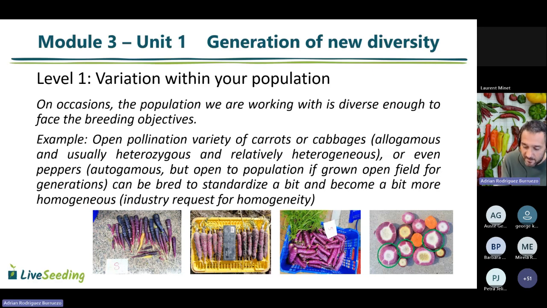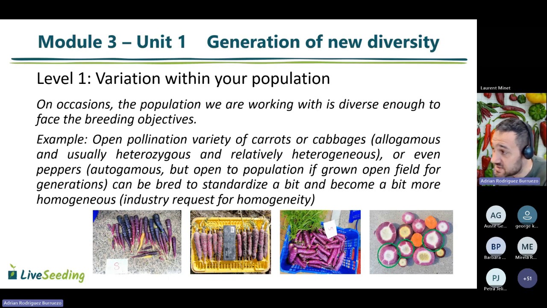Then a breeder could find the first level, the easiest one, which is, okay, I have variation within my population. Which are these cases? For instance, on occasions, the population we are working with is diverse enough to face the breeding objectives I'm establishing.